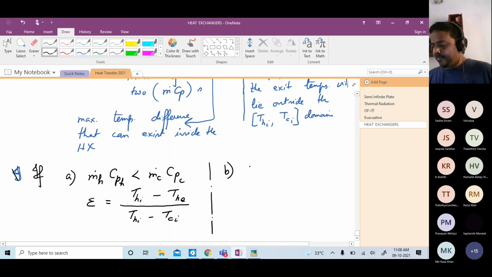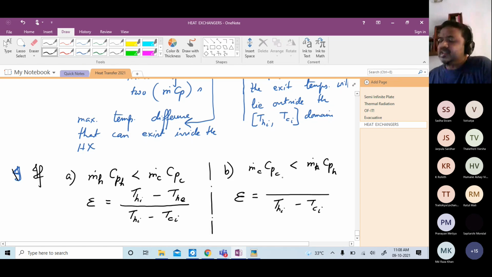B, if m dot C CpC is lesser than m dot H CpH, then effectiveness, the denominator remains the same, Thi minus Tci.